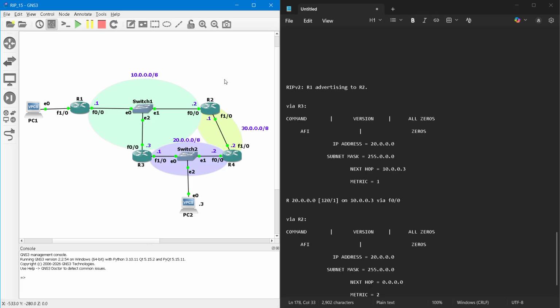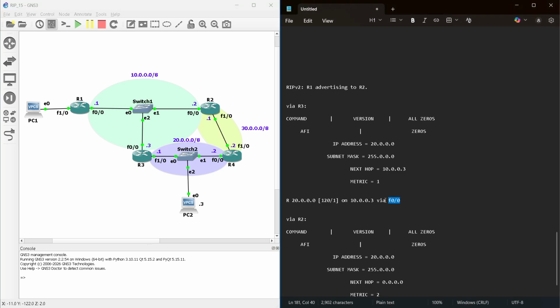The other path is via R2, but here the hop count is 2, right? So when we configure it with RIP version 2, this is what it will display because this is the best path. For R3 this is the entry, and via R2 this is the entry, right? And this is what it will show us.